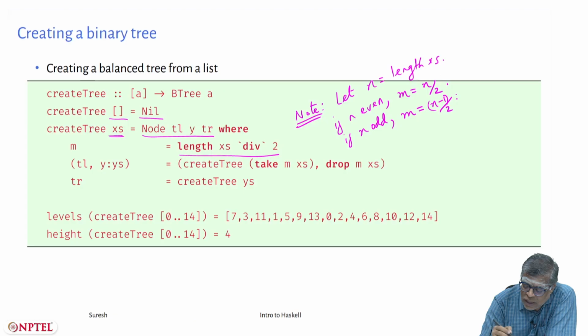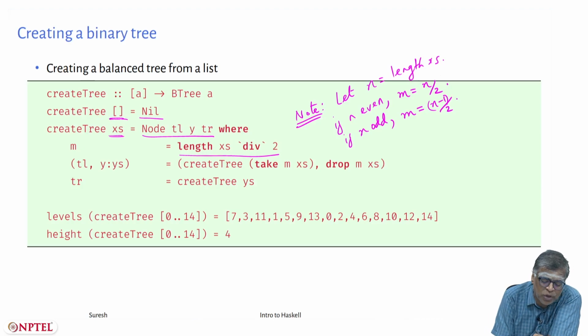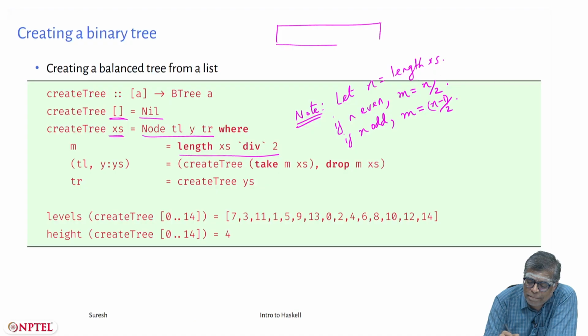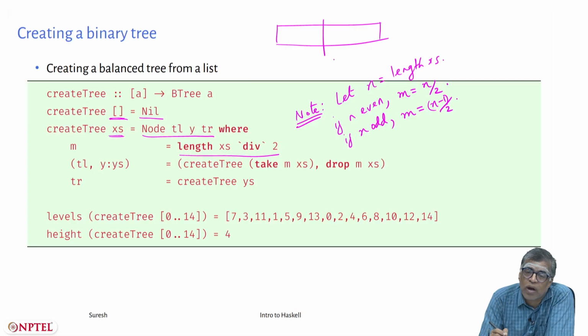Now note that if n is even, n cannot be 0, because we have handled that case already. Create tree of empty list is nil, and n is 0 means the list is empty. So now the list is non-empty. If the list has some even length, then you are splitting it here.